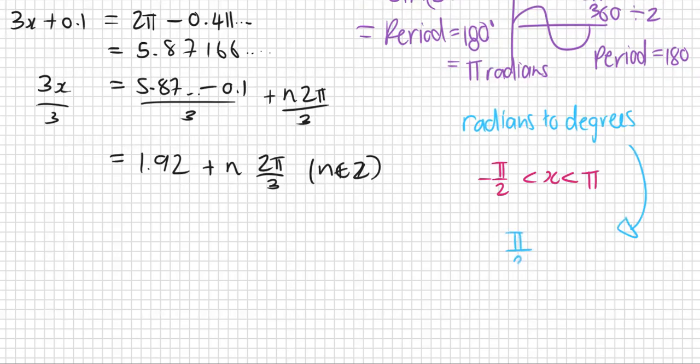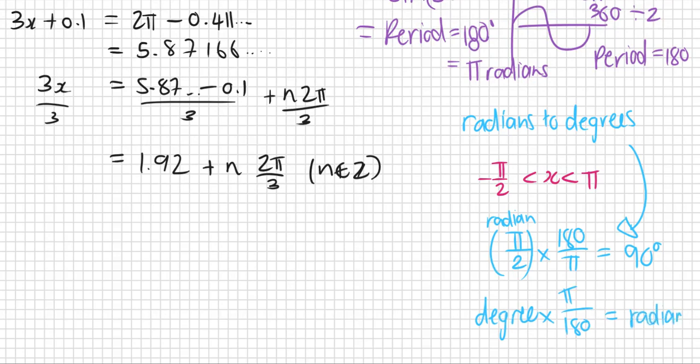Let's just use this example. Pi over 2, for example, times 180 over pi will give you the degrees, which comes to 90 degrees. So to change, you take your radian and you times it by 180 over pi. And of course, this is reversible. If you had a degree, you times it by pi over 180 in order to get radians.